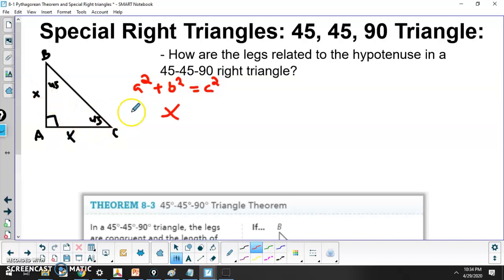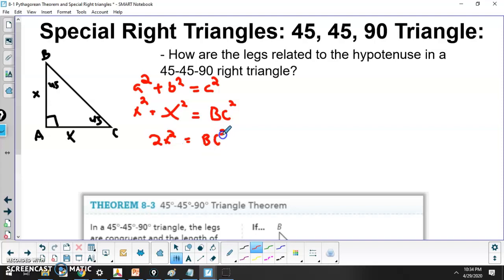Here a and b are both x, so we have x squared plus x squared equal to the hypotenuse BC squared. x squared plus x squared we can write as 2x squared, and that's equal to BC squared.